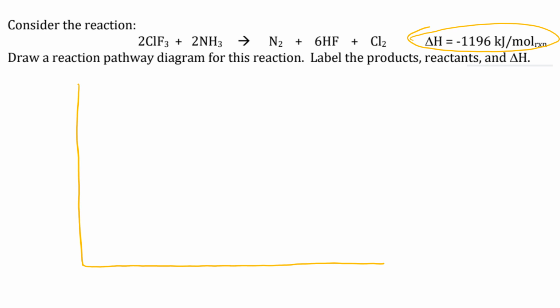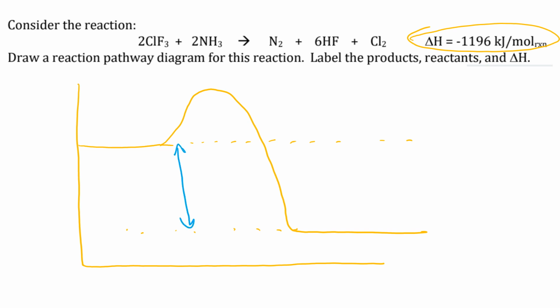So let's label the reactants and products. Reactants here, products down here. This is where my delta H will be. I'll use different colors, might as well. Delta H is here, and that's going to be negative 1196 kilojoules per mole of reaction.